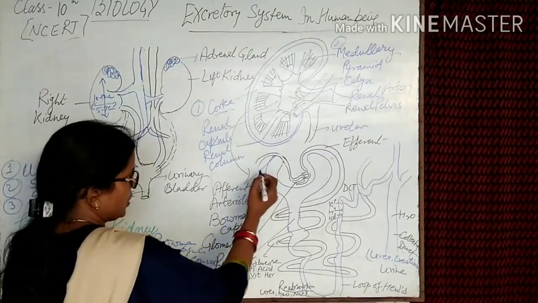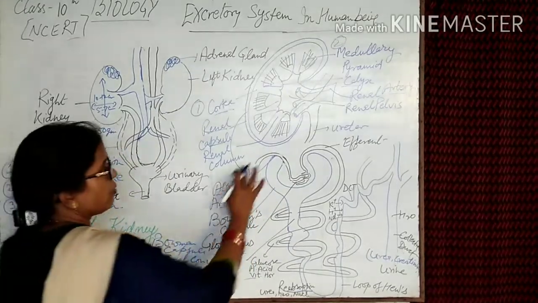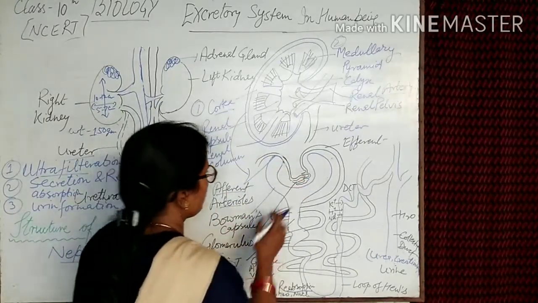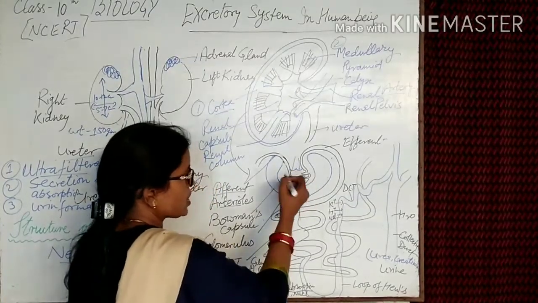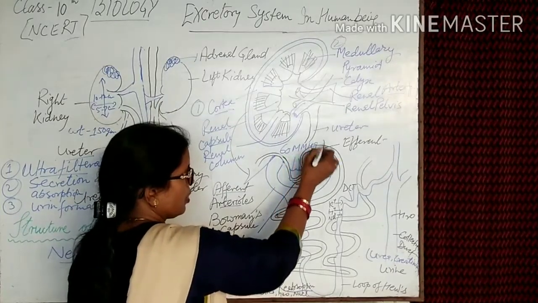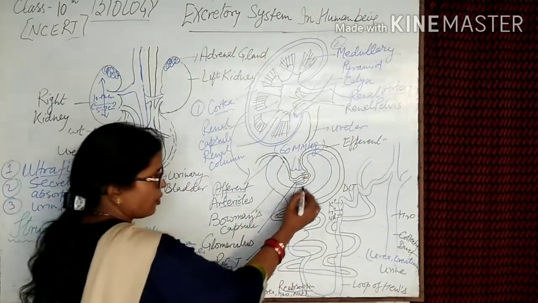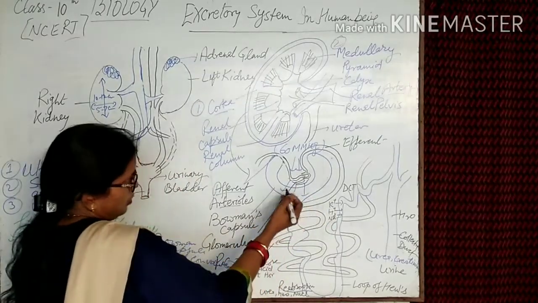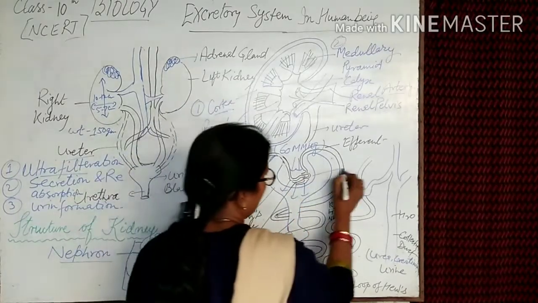Firstly, the dirty blood enters through the afferent arteriole, and through the efferent arteriole the blood is collected at this side. The blood pressure is very high, 60 mmHg, and then the nitrogenous waste matter is filtered here by the lower part of the Bowman capsule, which acts as a semi-permeable membrane.